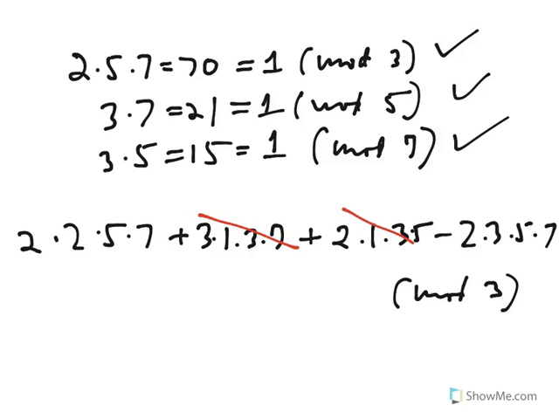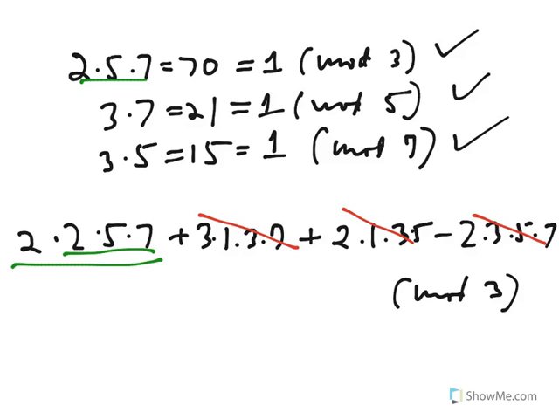But these other pieces also have 3's in them. So the only thing that really matters in determining the remainder when this expression is divided by 3 is the very first term. Notice the 70 is like this 70. Without this 2 in the front, it would be remainder 1.